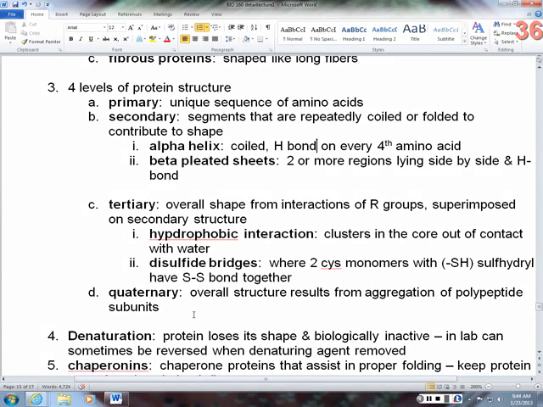Is that idea making sense, how we have these 4 components of the protein structure? So if you change the sequence of the amino acids, it changes everything else because it won't fold up the same way.